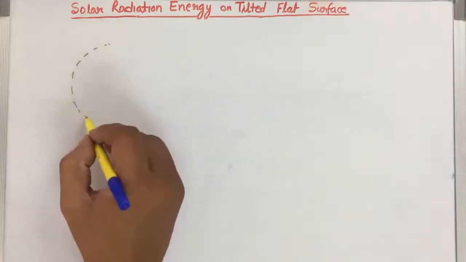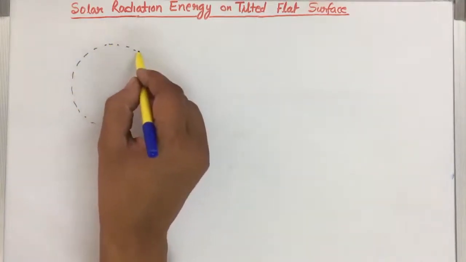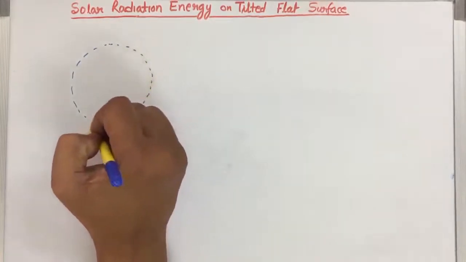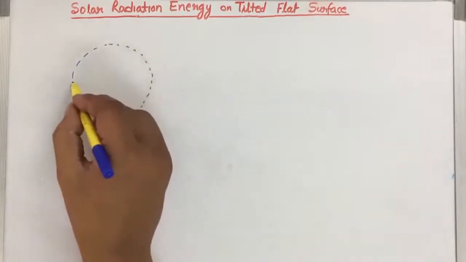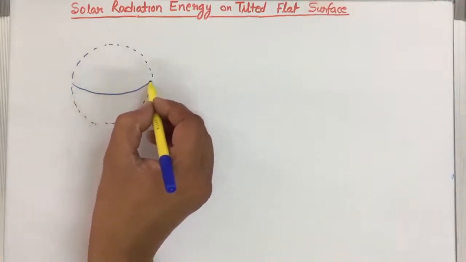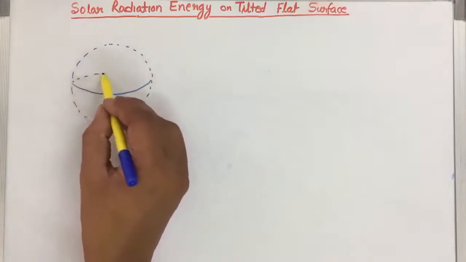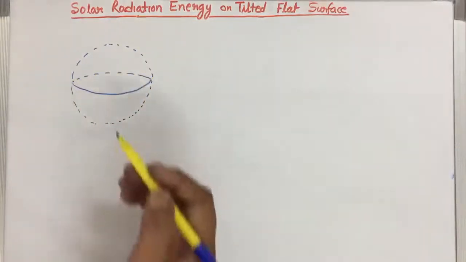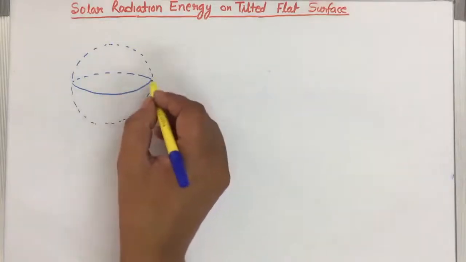Just draw the centric coordinate system. This is the equatorial plane.